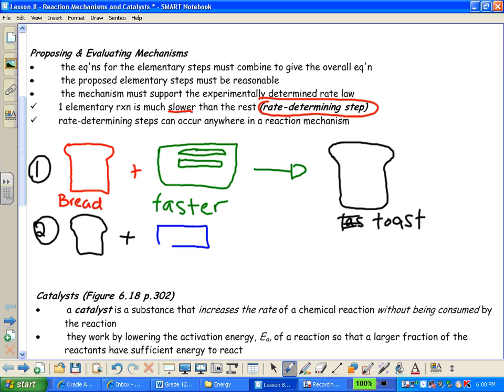So this is my butter on a plate. So if you have toast and you have butter, what do you think that's going to make? Yeah, that's right. Buttered toast. So this is my butter on my toast.